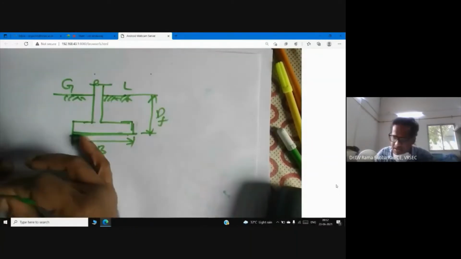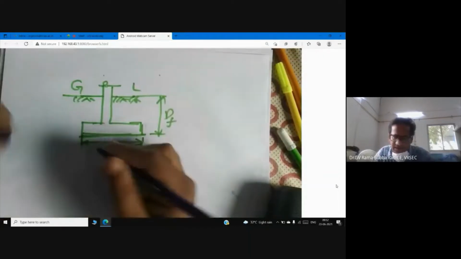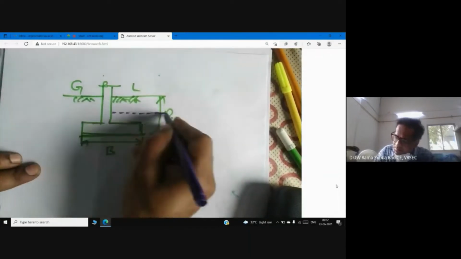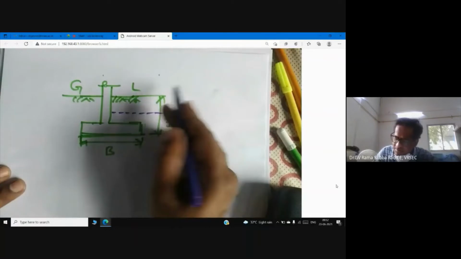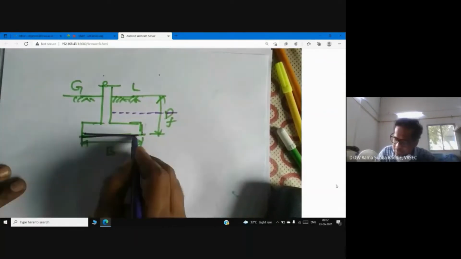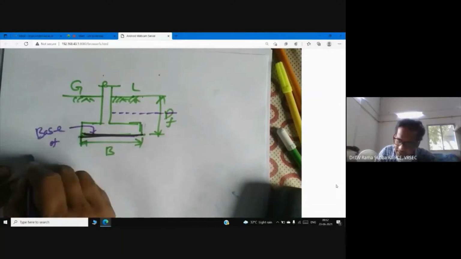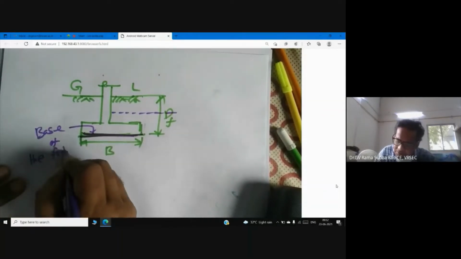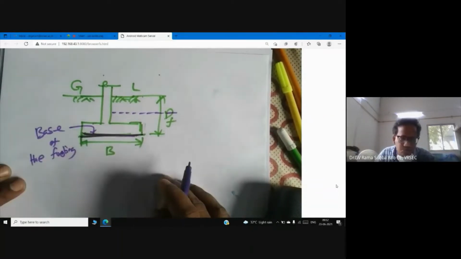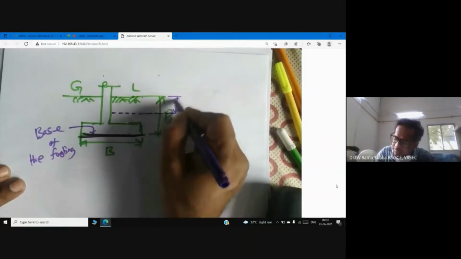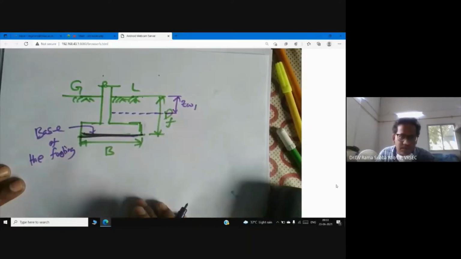Now my water table is somewhere here. The water table is between ground level and the base of the footing. Here it is ZW1.